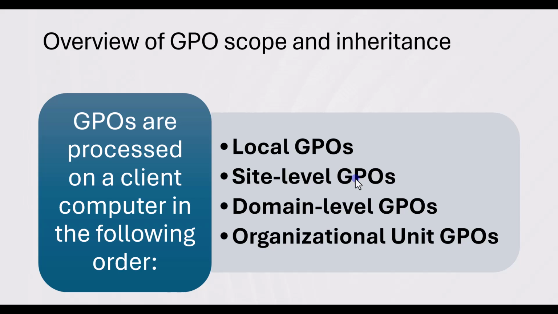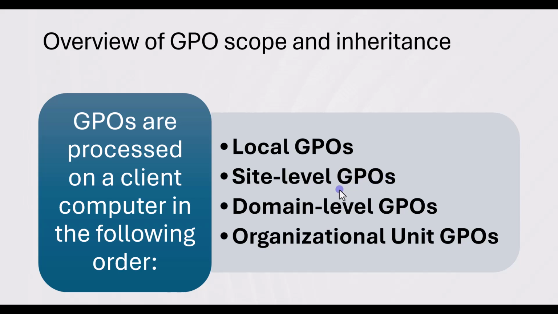This time, the site level GPO will take precedence over the local GPO. So the site level GPO is stronger than the local GPO if they have the same settings but are conflicting. One is saying no and one is saying yes to the same thing.